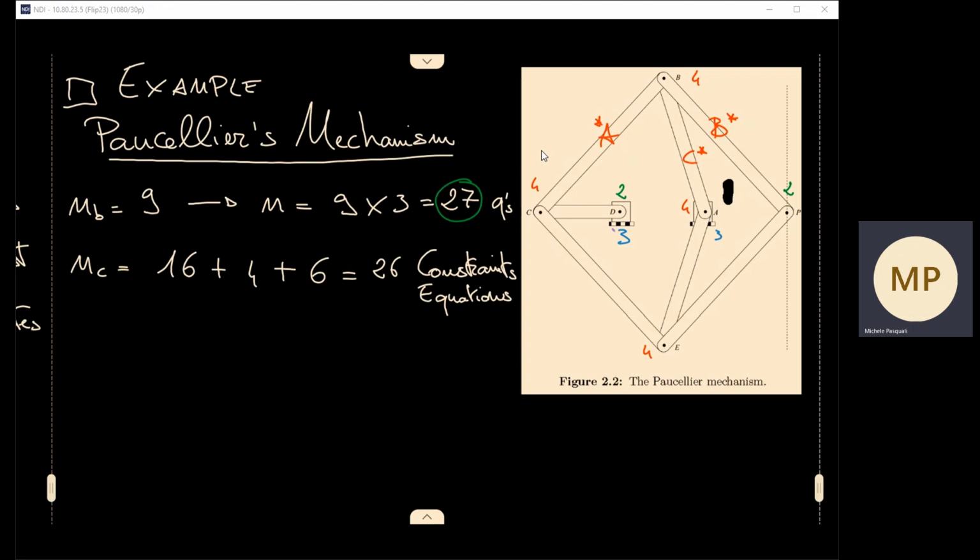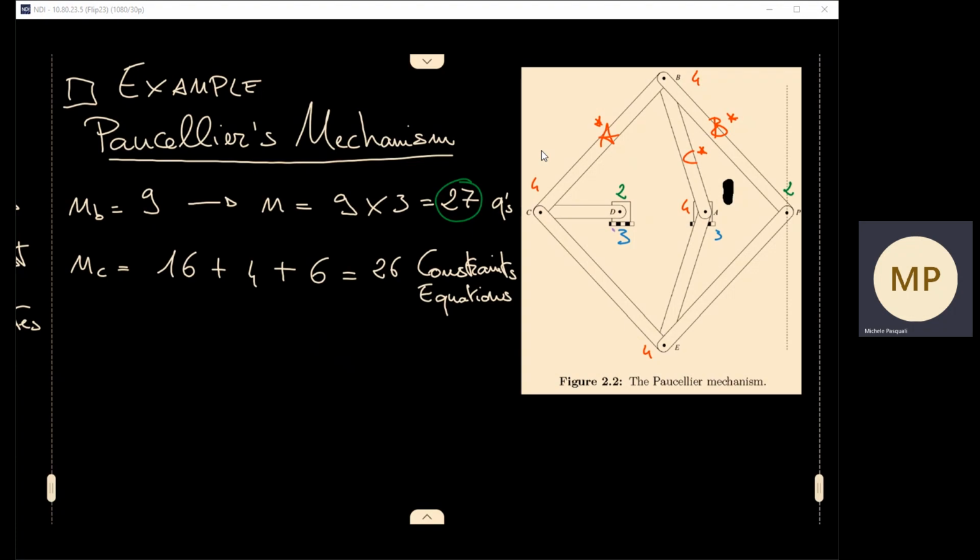For example, here, when we said that the point B of A star must be the same of point B of B star, and must be the same of point B of C star, we said 4 equations, because we didn't have the need to also say that point B of C star must be equal to A star.